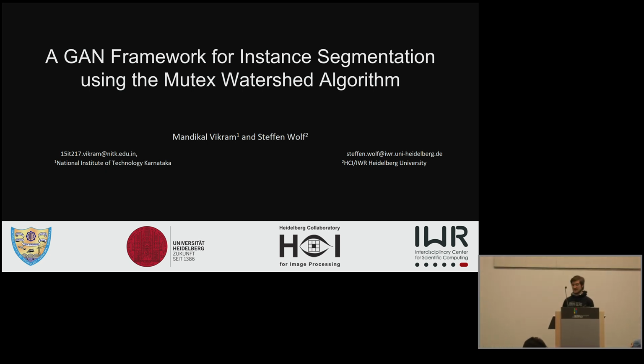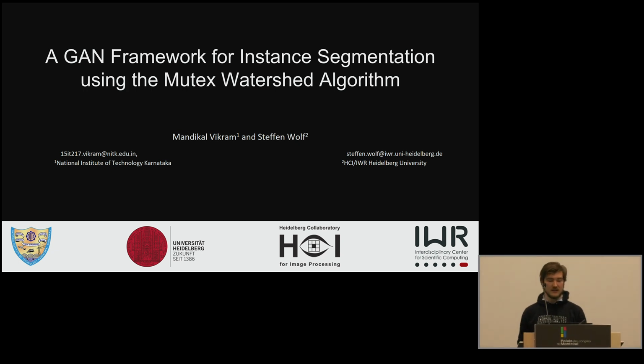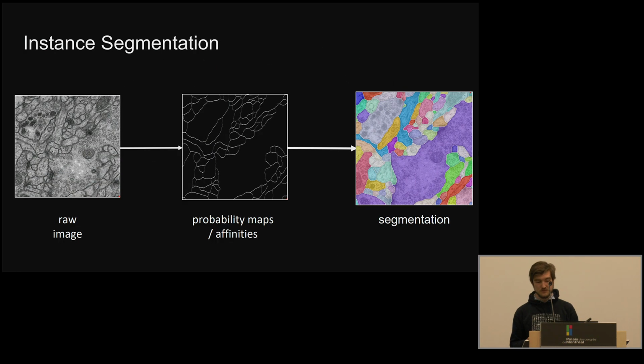Hi, yes, exactly. I'm here today presenting joint work with Vikram Mandikal on our instance segmentation framework, where we have introduced a conditional GAN to improve the segmentation. Instance segmentation arises naturally in many domains, and this is one of my favorite.